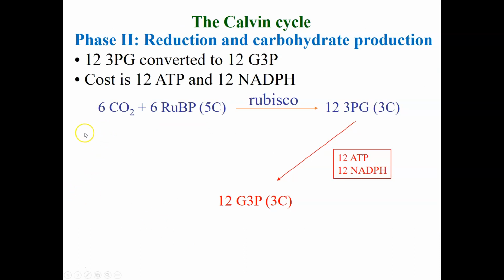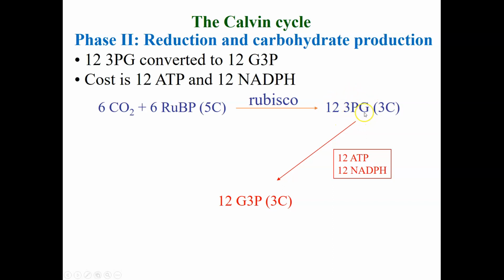All right, so what we've done so far is we've fixed that carbon. We had our 6 CO2 molecules. We attached those onto 6 different ribulose bisphosphates, and then that 6-carbon molecule got cleaved, and so then we ended up with 12 3-carbon molecules.